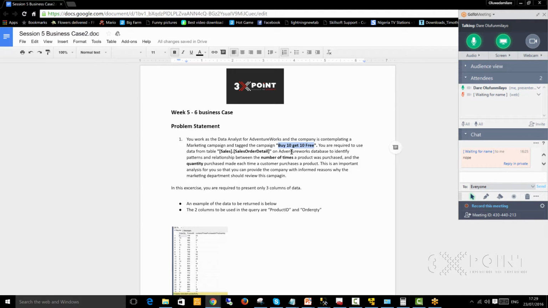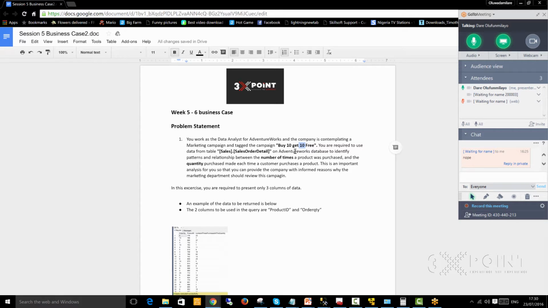And for you to prove that to them, you as the data analyst need to go into the data that the company already has and do some analysis to identify, hey, how feasible is it even for anybody to buy 10 in the first place? And giving them an extra 10, does it make any sense to them? Do they really want that extra 10? These are the critical thinking skills that you want to kick in.